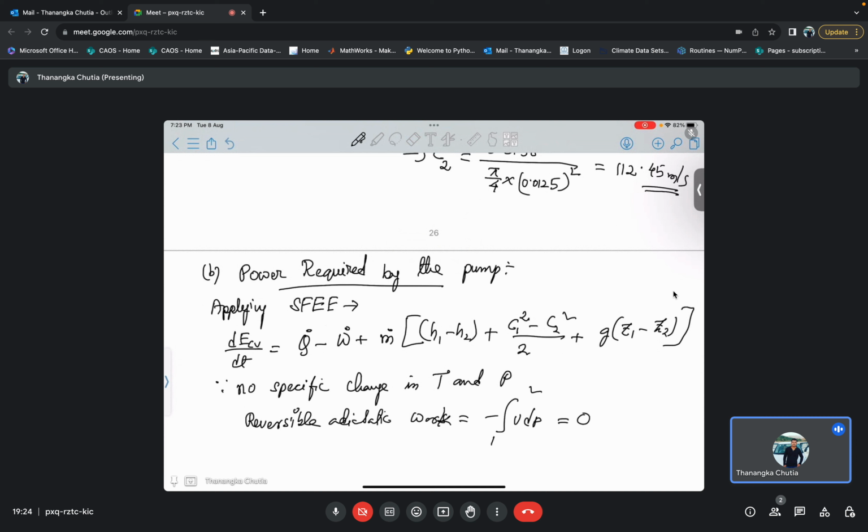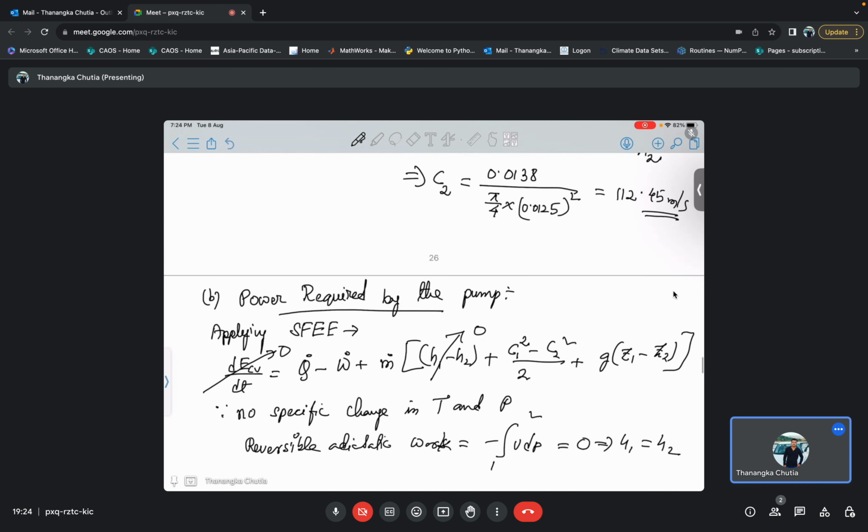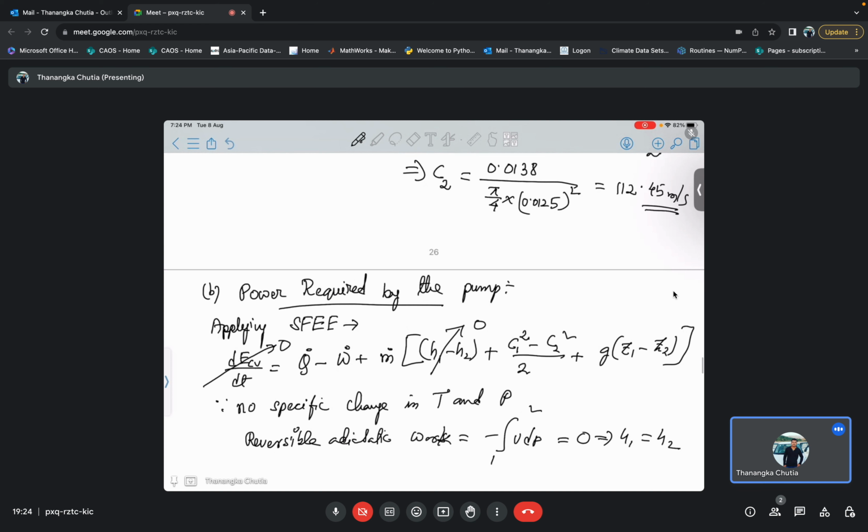Simply, this implies that h1 is equal to h2, so that term will get cancelled out. Since this is a steady flow equation, the dE_CV by dt term will also get cancelled out. Now we know the volume flow rate, so can we calculate the mass flow rate?